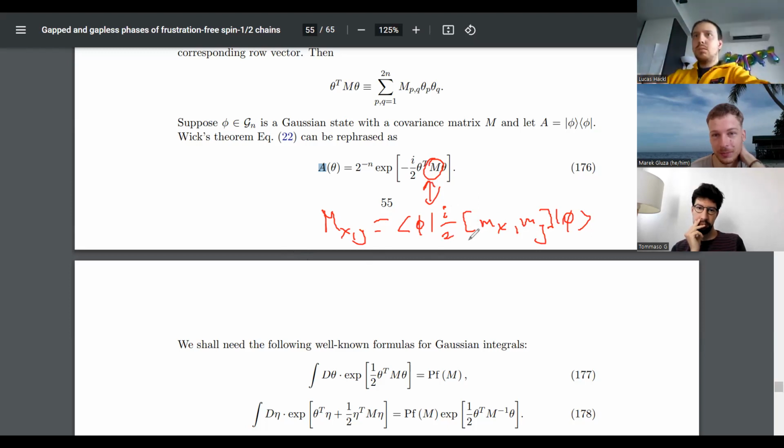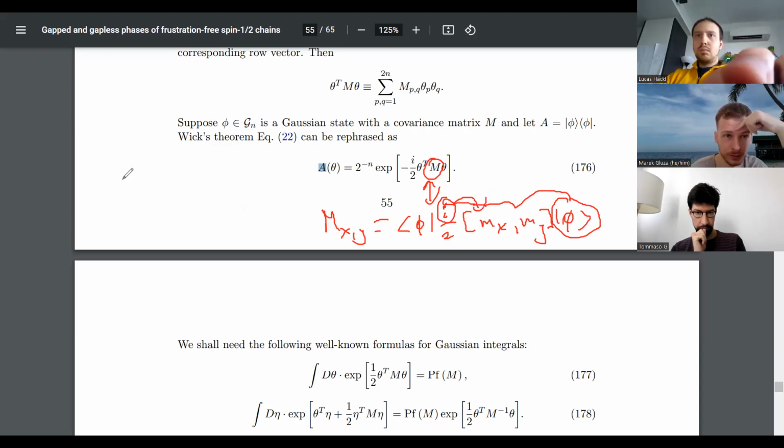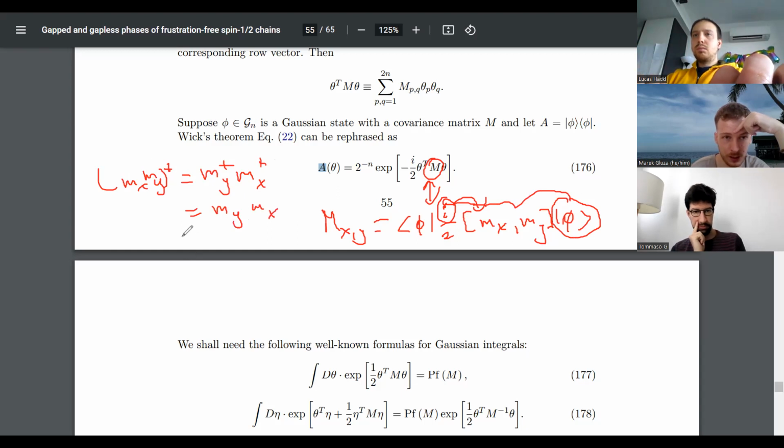I didn't have time to develop this carefully, but I really want to show the paper today. So basically, if you have a state, you can compute this observable. This I here is to make sure that it's an observable, because MX MY dagger is not Hermitian. They are self-adjoint, so this is MY MX, and then they are anti-commuting, and this is minus MX MY.